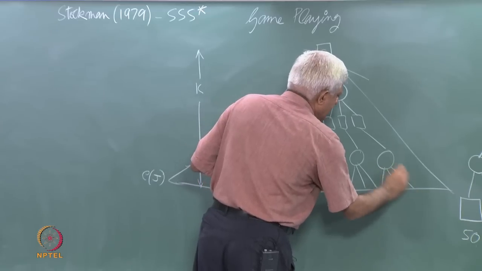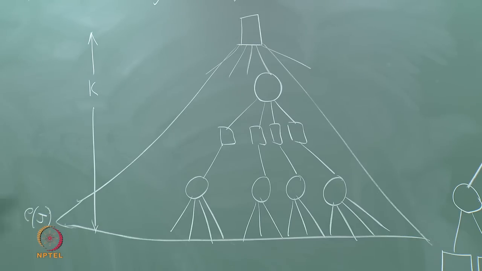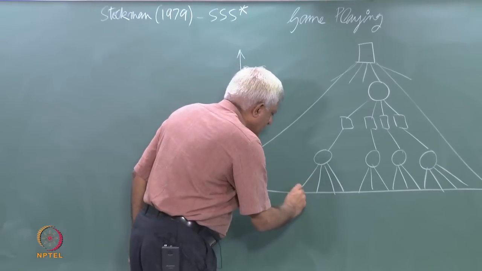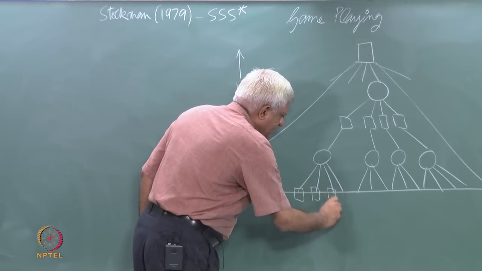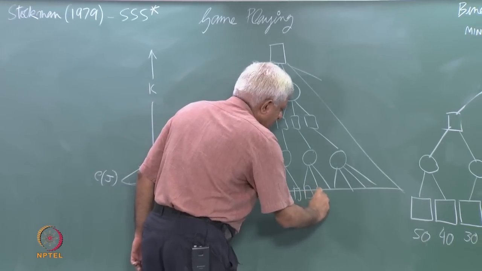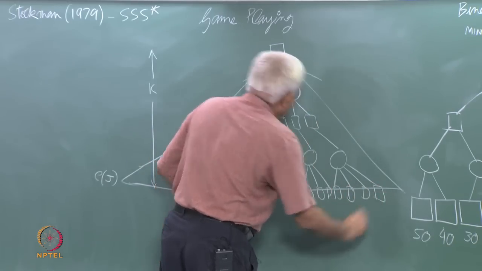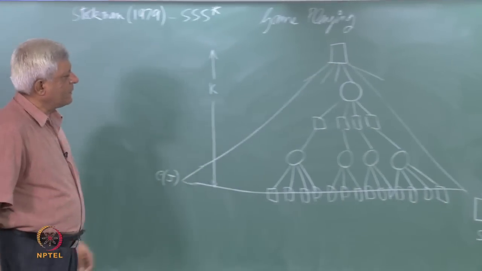Let us say this is also a 4 ply search tree. Max has looked at this entire set of possibilities, and on the basis of this has made the move that Max has made.